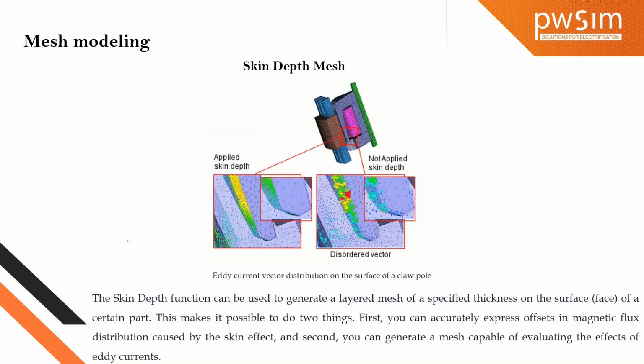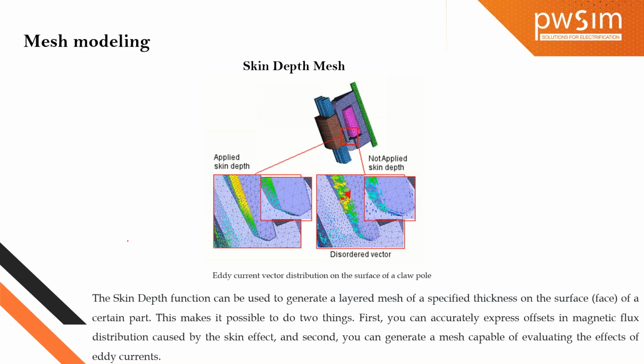On the surface of the claw, the eddy currents penetrate inside the surface of the claw. So to account for that, we can define the skin depth in a mesh, and we can do a layered mesh on the surface to that thickness, and we can accurately express the offset in magnetic flux distribution caused by the skin effect.